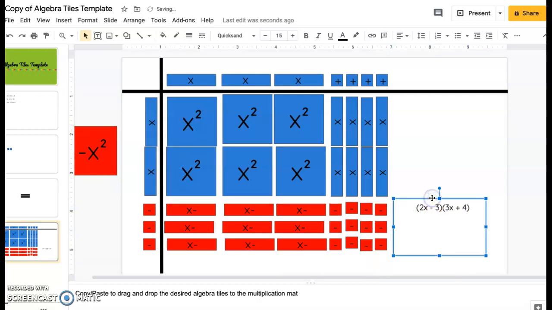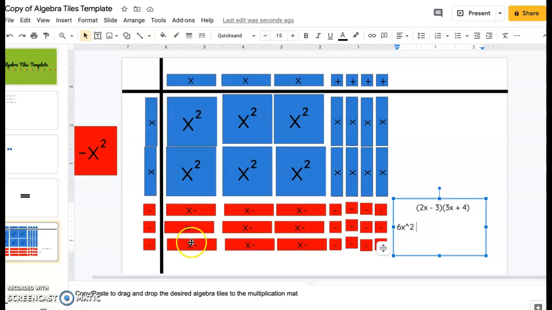And now we're going to write our answers. So what we ended up with is, let's count up our x squared. 1, 2, 3, 4, 5, 6. So 6x to the second power. And now we're going to see how many pairs we can make.